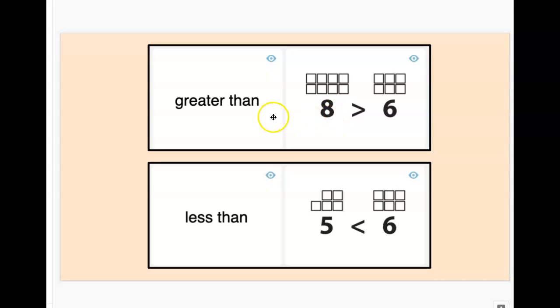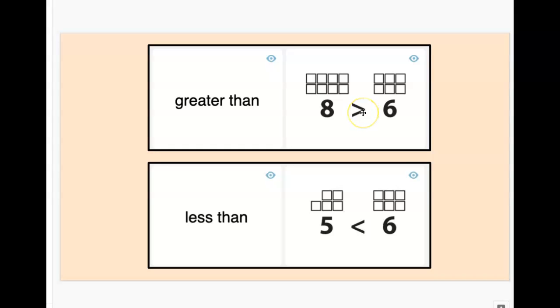We read our greater than symbol like this. 8 is greater than 6 because 8 is a bigger number than 6. Remember when we drew our little monsters with our sharp teeth and our big eye? That little monster always wants to eat the bigger number.